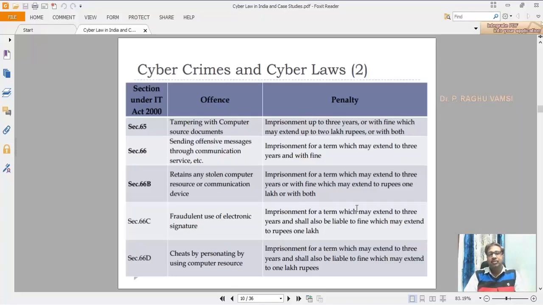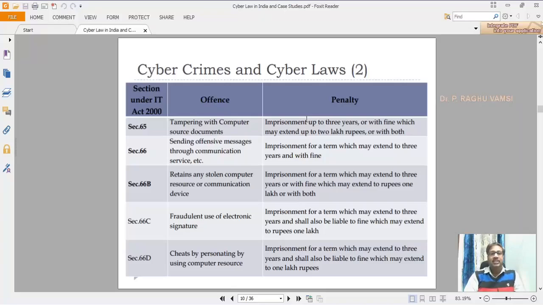Then again the Supreme Court became angry, and finally the minor student was released from jail because he was booked under the wrong case. So this is the history of 66A. 66A is currently not in use, not in existence.